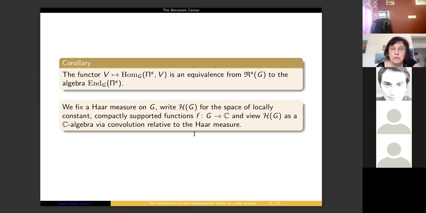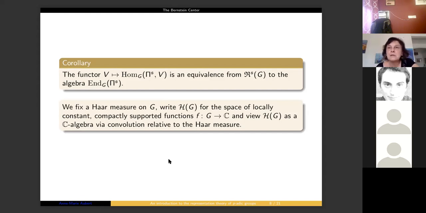Okay, and this condition is very often satisfied. For instance, if the Levi is a product of groups like GL N, this is satisfied. So we get this.